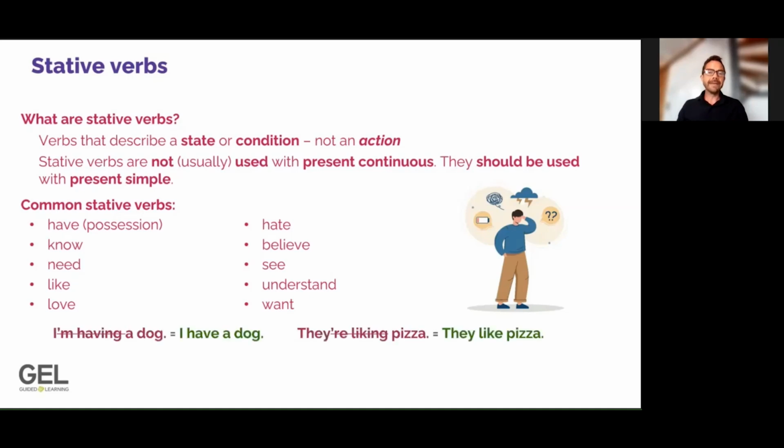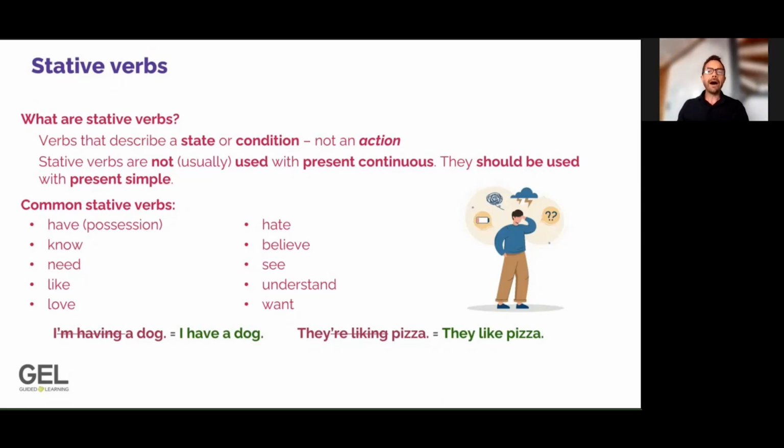Let's look at a couple of examples, looking at what is the correct way to talk about these things in English. In our first example, with the word have, we would not use the present continuous form to describe something that we have, that's ours. So we would use present simple, and this is the correct form. I have a dog.